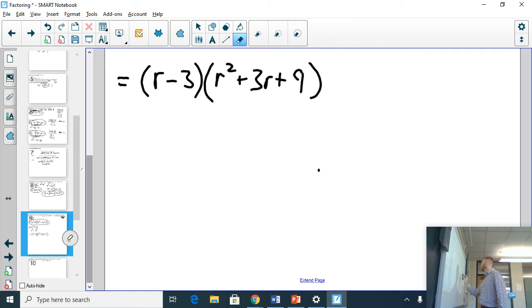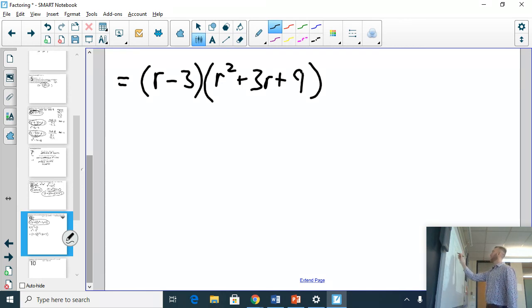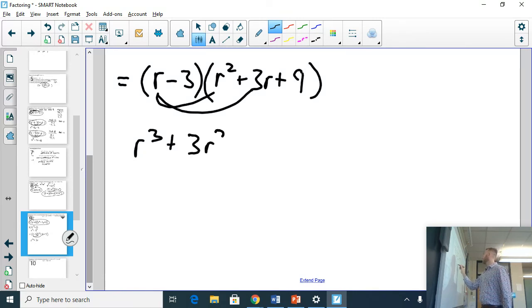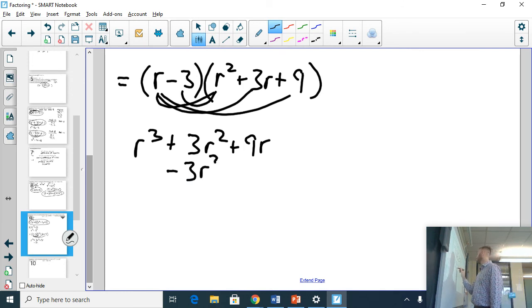when you multiply this out, it works. r times r is r cubed, r times 3r is plus 3r squared, r times positive 9 is plus 9r, minus 3 times r squared is minus 3r squared, minus 3 times positive 9r is minus 9r, and minus 3 times positive 9 is minus 27.